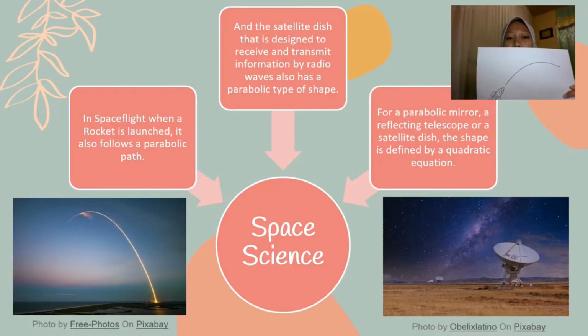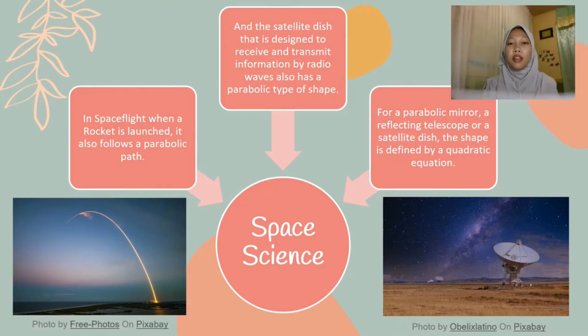So we can define this shape, the parabolic path, with a quadratic equation. And the satellite dish that is designed to receive and transmit information by radio wave also has a parabolic type of shape. Hence, for a parabolic mirror, a reflecting telescope, or a satellite dish, the shape is defined by a quadratic equation.